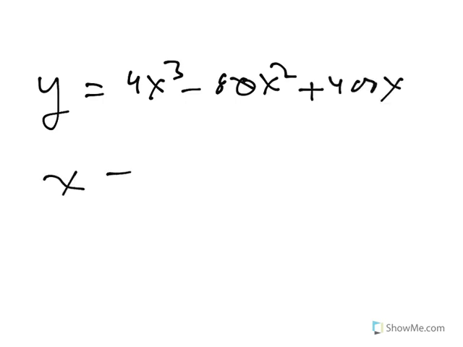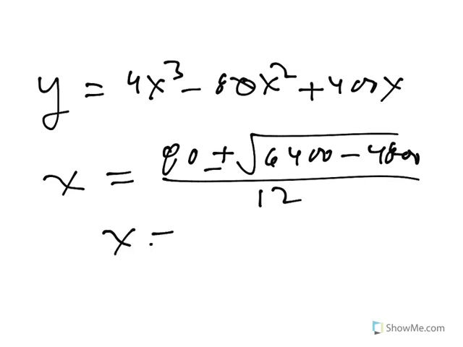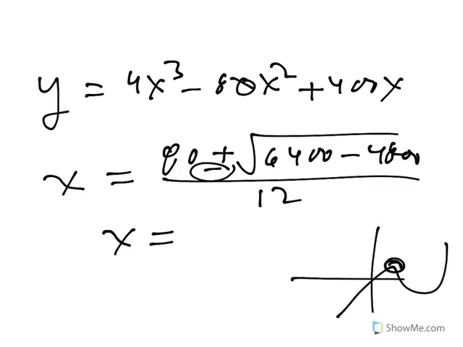And if I do the formula, I get negative b plus or minus the square root of b squared, 6400, minus 3ac, which is 4800, over 3a, which is 12. And if you work that out, you will get, when you use the minus, because remember that curve kind of looked like this, so we only cared about the one on the left, you will end up with 3 1/3.